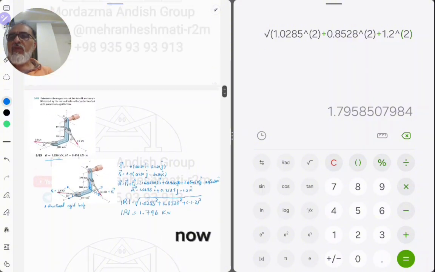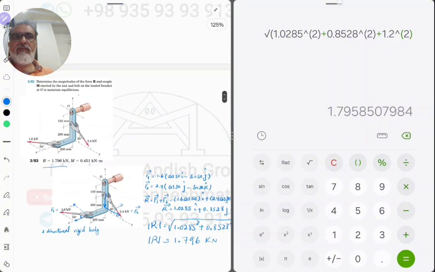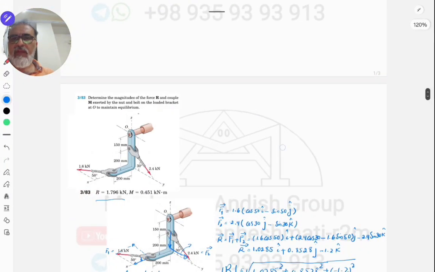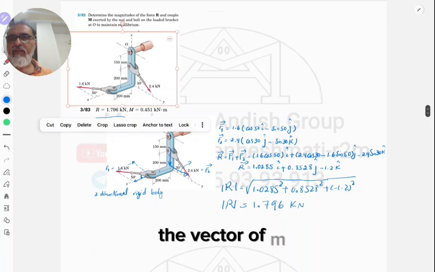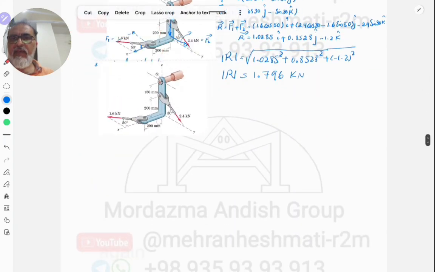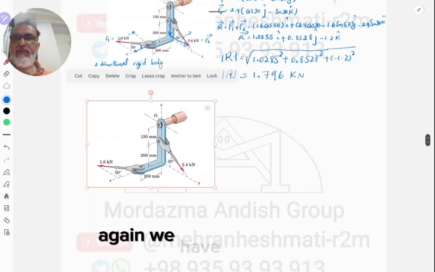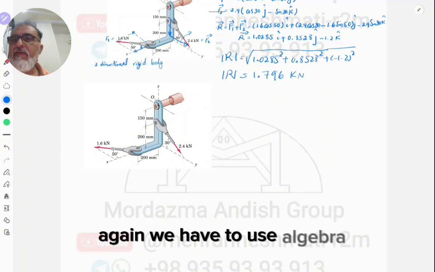Now, to find the vector of M, again we have to use the algebraic way.